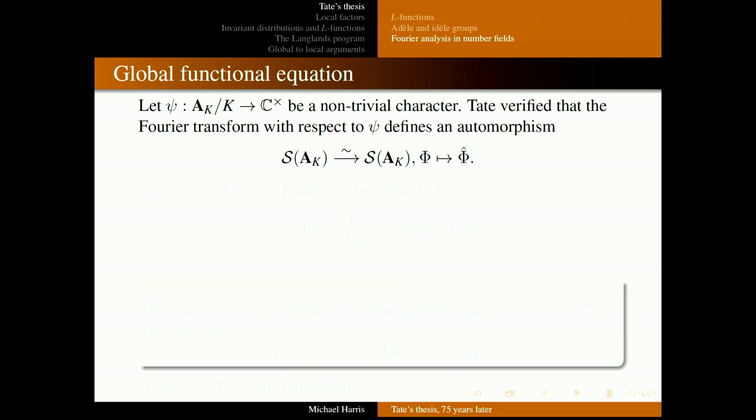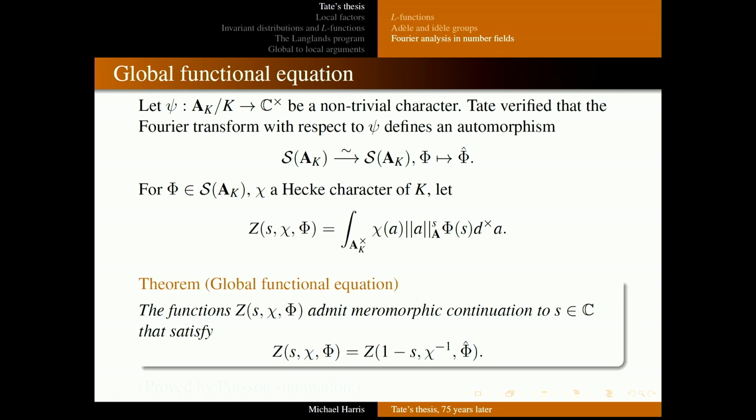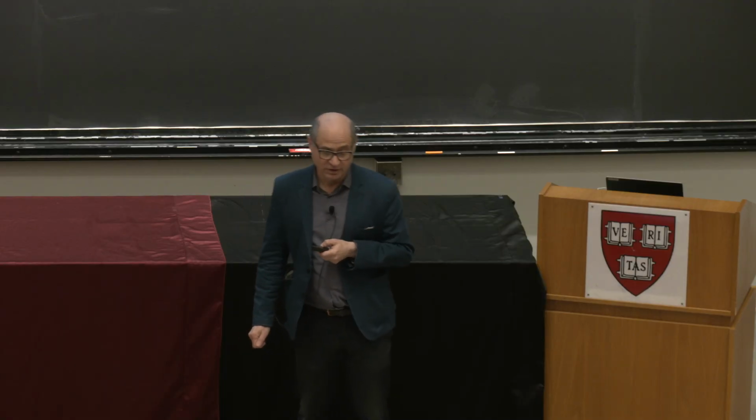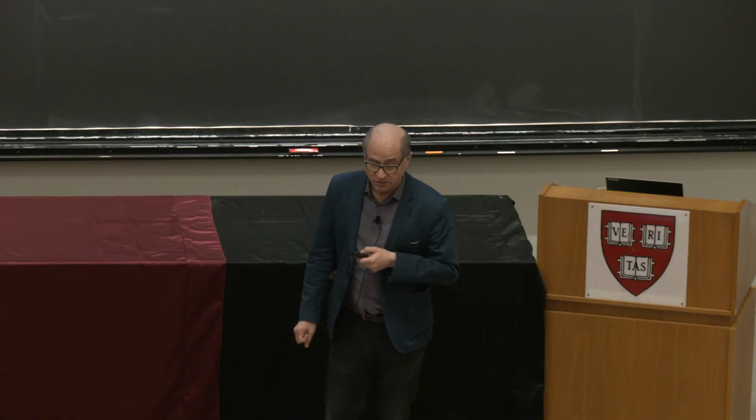And now, here is the Adelic integral. You take the Hecke character of K and a Schwartz function, and now you introduce a complex variable S, and for a sufficiently large real part of S, this converges absolutely, and you integrate the character times the S power of the Adele norm, times this Schwartz function.